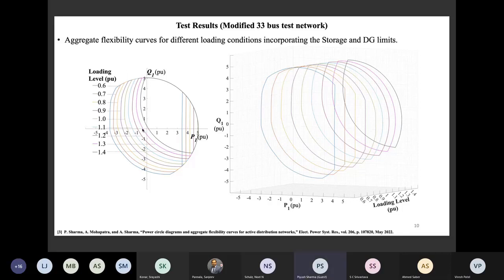I'm sorry if I have made a mistake. The positive P1 Q1 represents the power drawn from the transmission network to the distribution network. Negative P1 Q1 is power which is sent back from the distribution network to the transmission network. So as the load on the distribution network increases, the power that can be sent back to the grid reduces because the local resources will be utilized to supply the local loads. And also, a family of such curves indicates that the surface which is formed by these curves for different loading conditions is continuous.